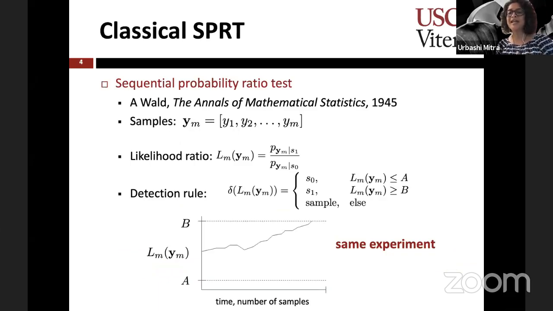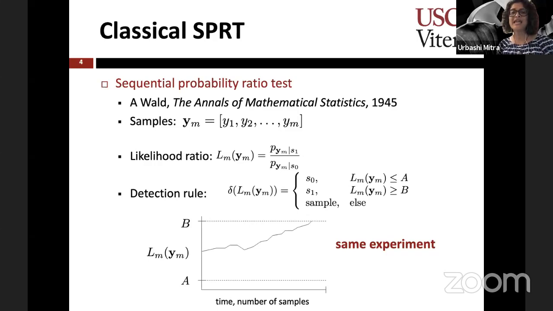So I think I can pride myself in having fewer equations than Yannis did, but I do have a few. So how does sequential probability ratio testing work? Let's say I have two hypotheses or two choices that might be true, and the statistics underlying my observations are a function of which one of those hypotheses is the real one.